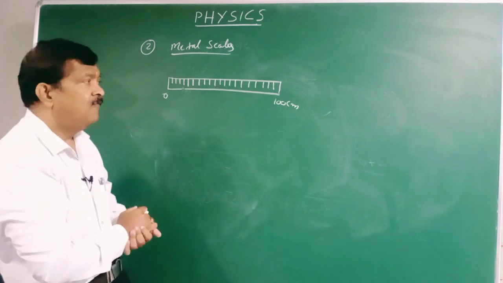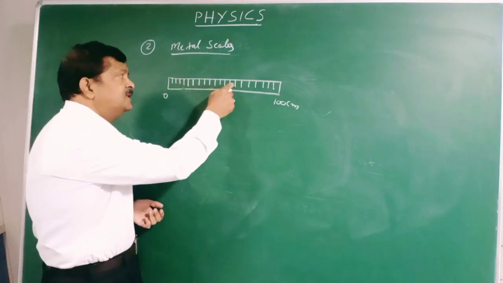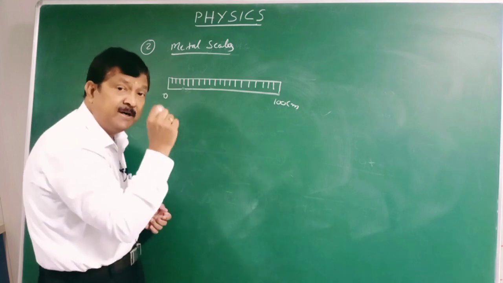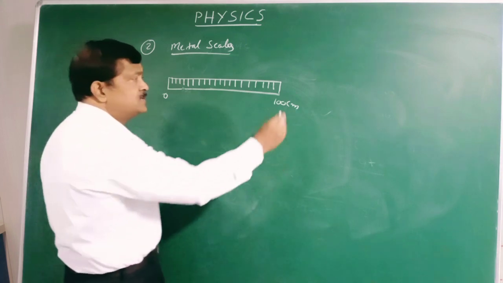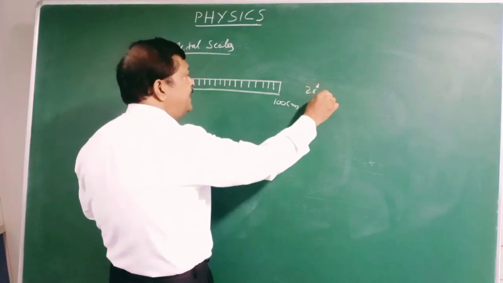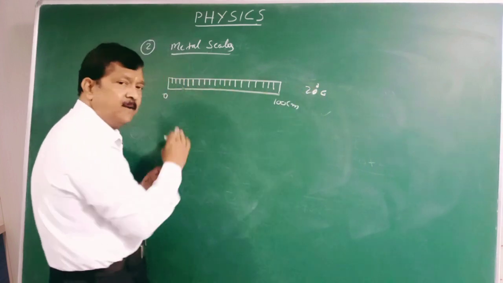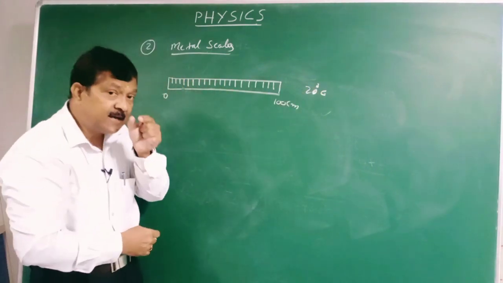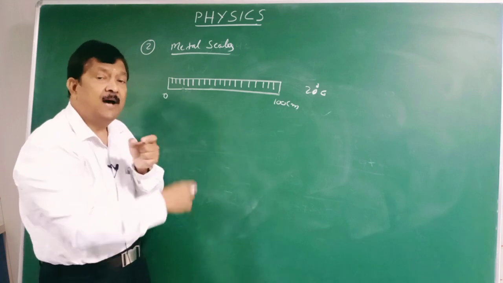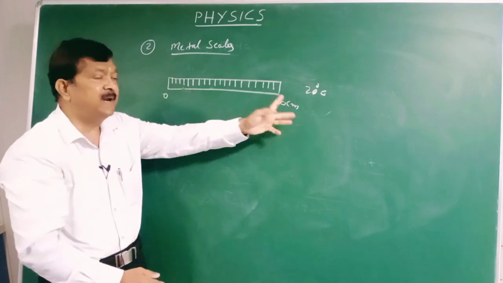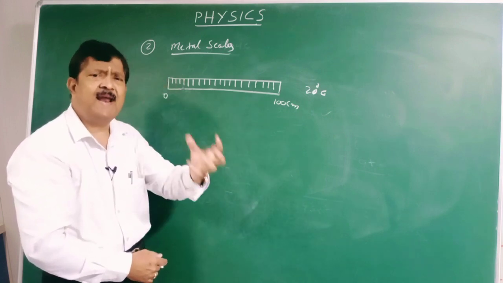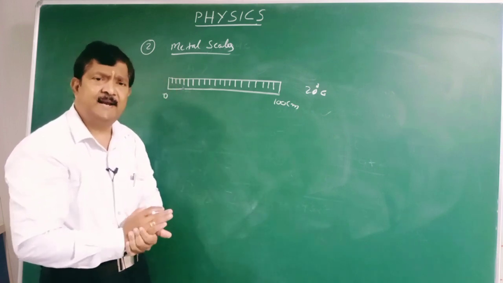But when the graduations are marked on this scale, it takes place at a particular temperature. Suppose the scale is prepared at 20 degrees centigrade. That means the graduations are marked on the scale at that temperature. Now suppose you are using the scale at a very high temperature, around 80 degrees centigrade.